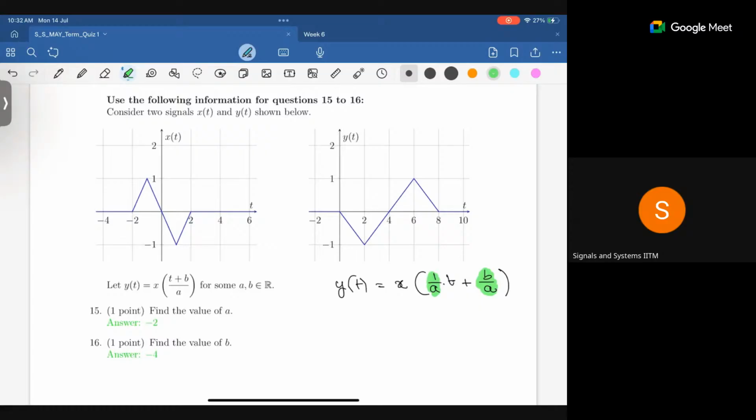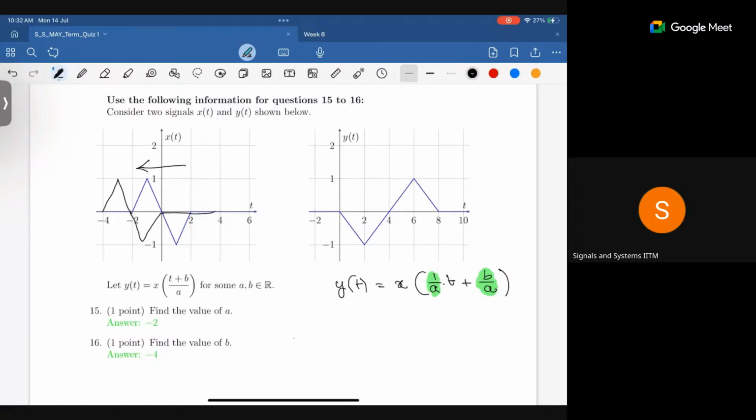Right, so you shift this signal by 2 units to the left. If you shift it, you will have this, and then scale the signal by 2 units and then reverse it.